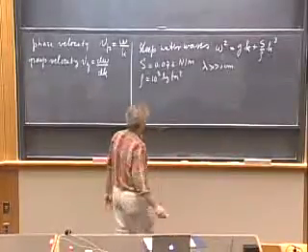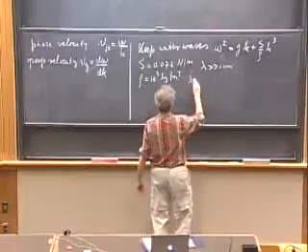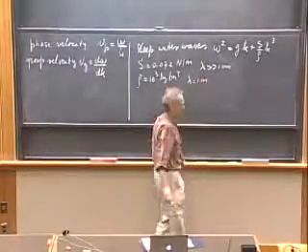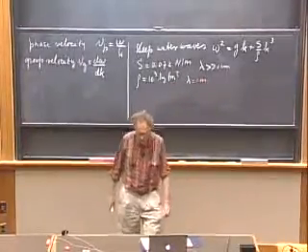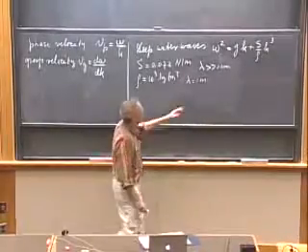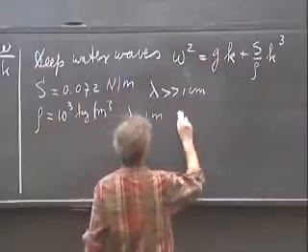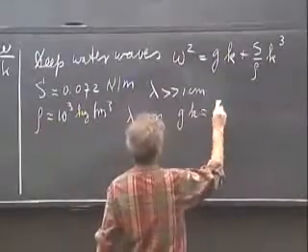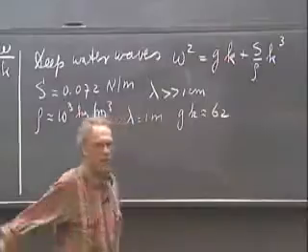So let's take lambda equals 1 meter. If lambda is 1 meter, then k is 2 pi divided by lambda, so you can calculate what gk is. It's about 62 in SI units, because g is 9.8.